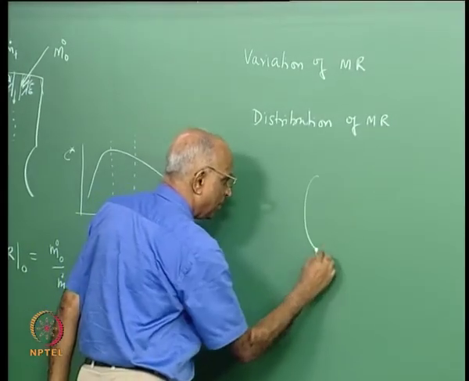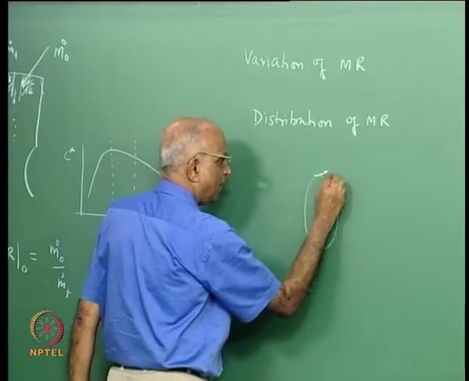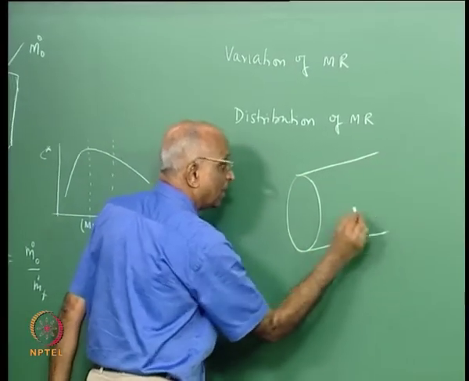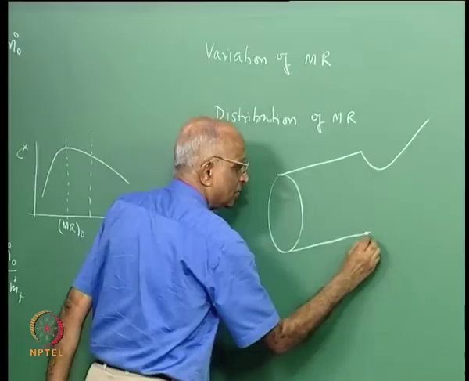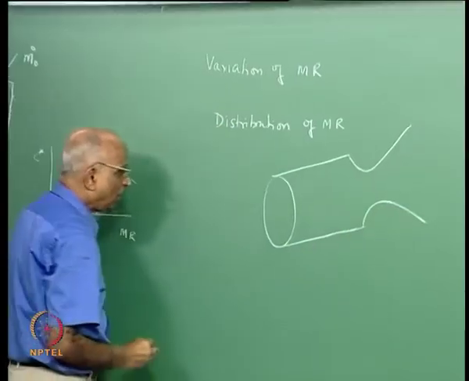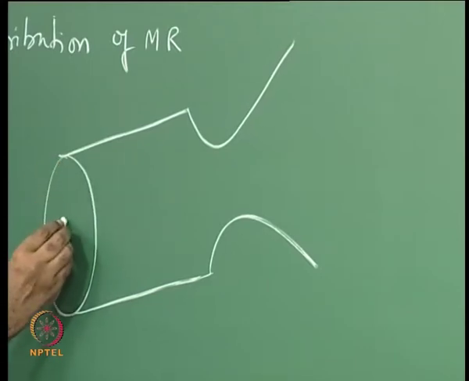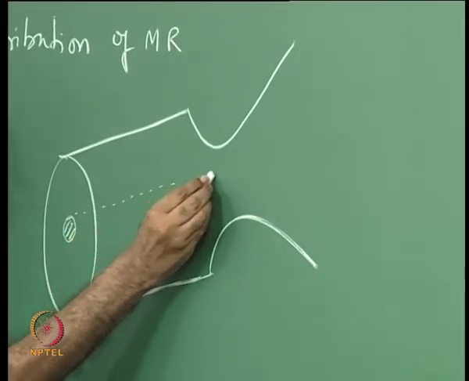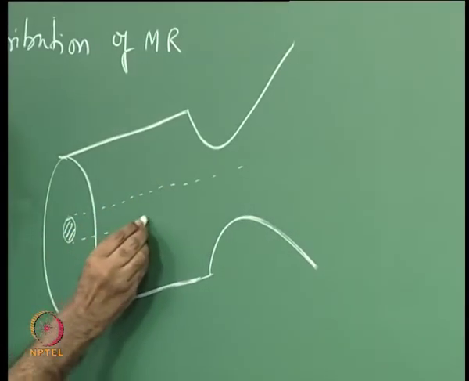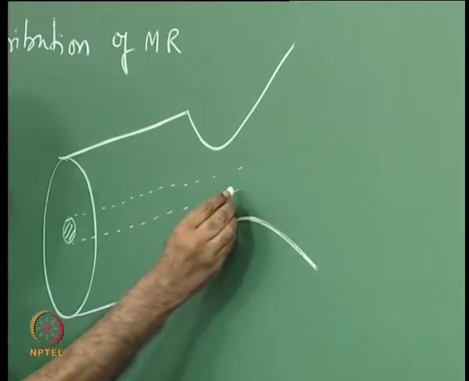Maybe this is my chamber and I have the nozzle like this. All what we are saying is maybe I am looking at the distribution of mixture ratio, maybe in this zone at the core I have a particular mixture ratio and let us say it goes straight like this.